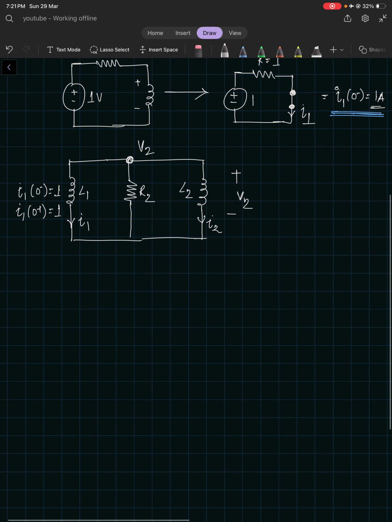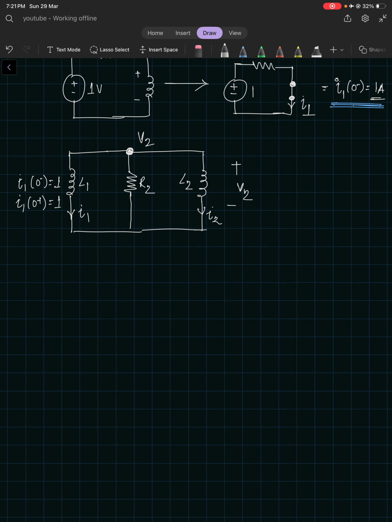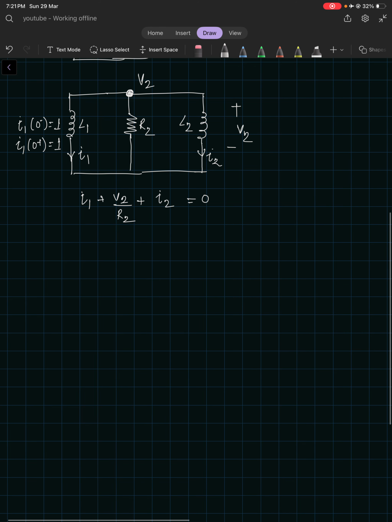Okay, so we will apply KCL because these three are in parallel, right? One equation would be sufficient. So I1 plus V2 by R2 plus I2 would be equal to 0. And what is I1? Okay, so this voltage V2 is applied parallel to all the three components, right?